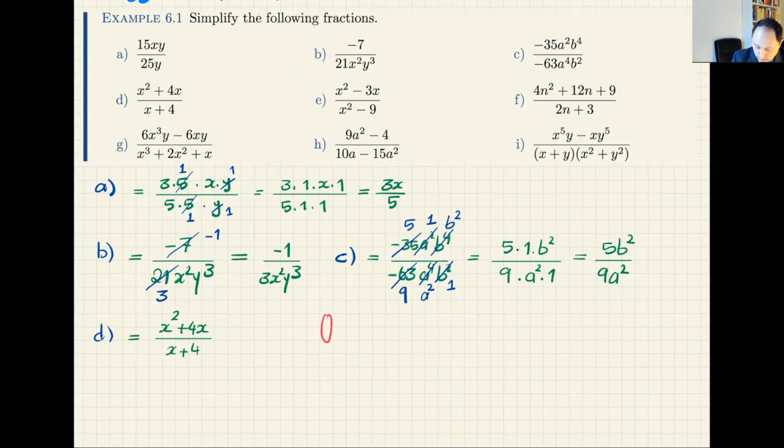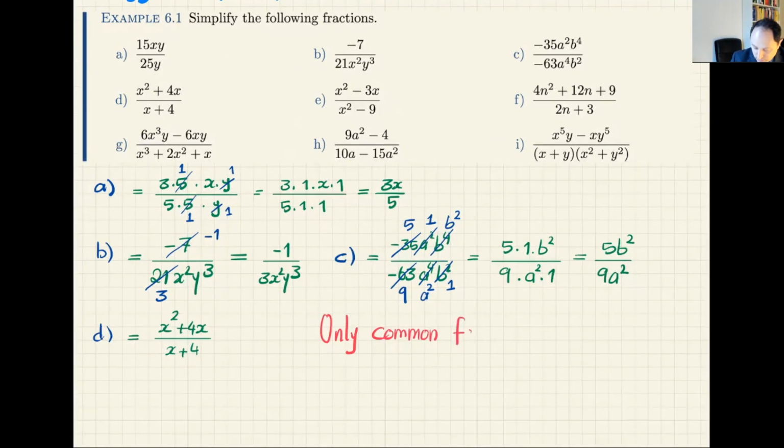Only common factors, not summands, can be cancelled out.